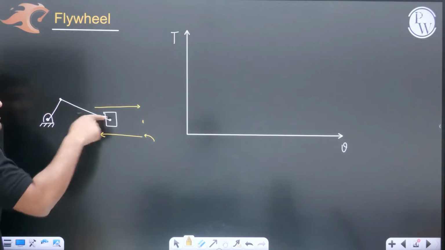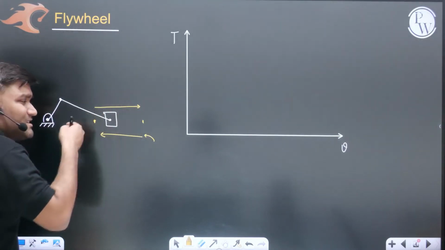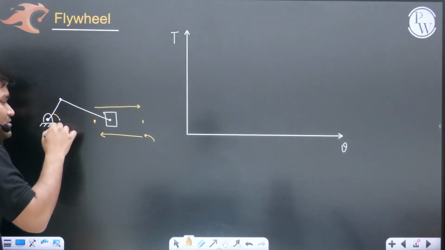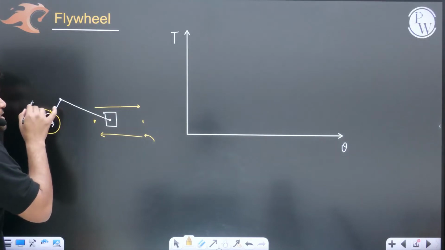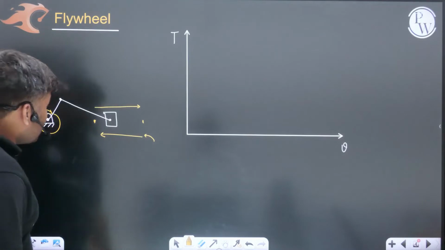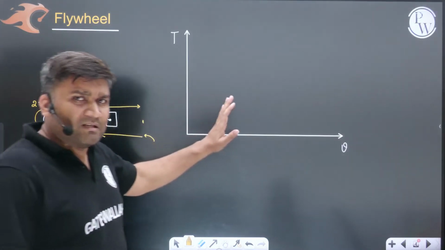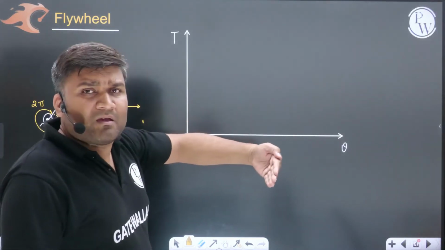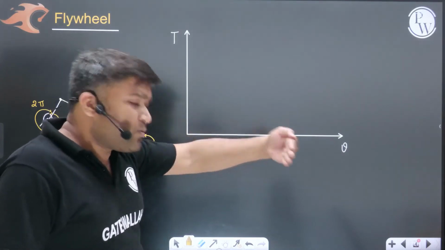And when the piston has moved this distance, my crank has already traveled 2 pi rotations, beta. One complete circle it has done. Okay, and during this one complete rotation, one cycle is done. In the next moment, the same thing is going to repeat.